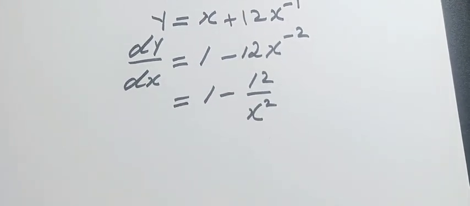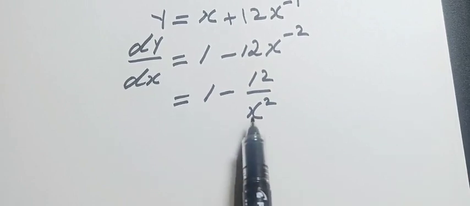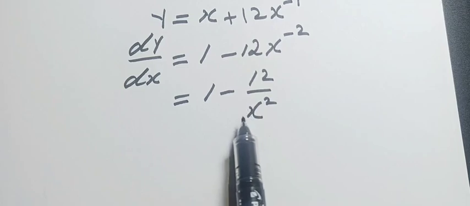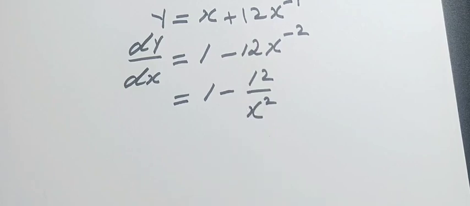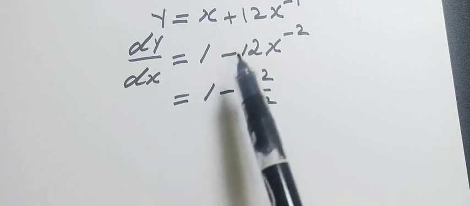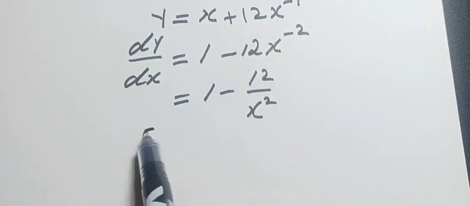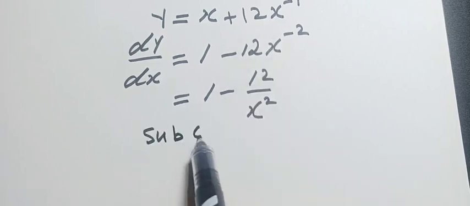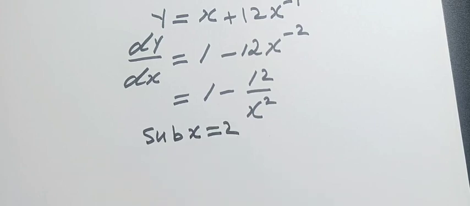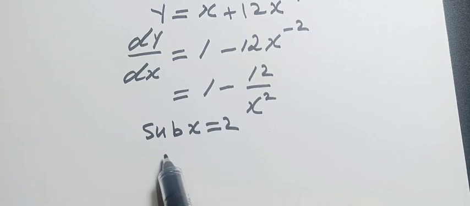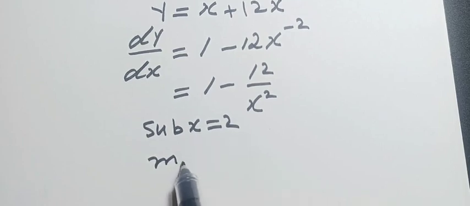Now I have to substitute the x value, which is equal to 2, because I need to find the gradient of this line, which I don't have. So I put x equal to 2 into this equation, and that is going to be the gradient of the tangent.